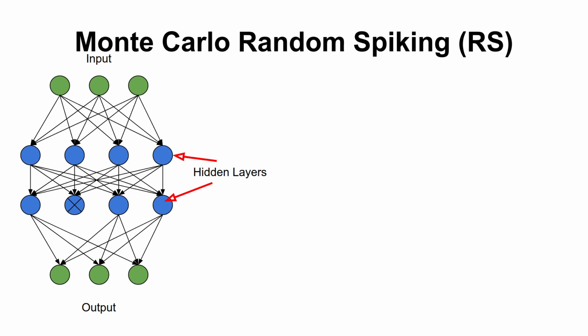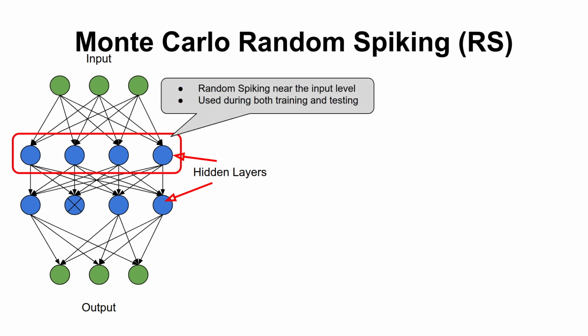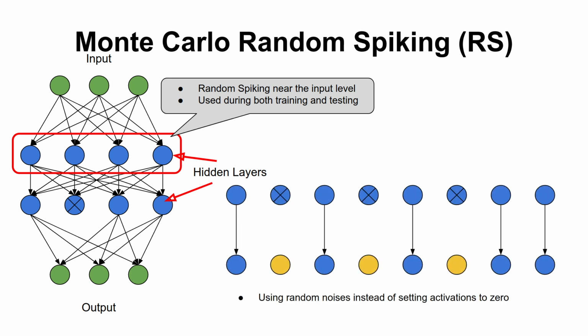Random spiking behaves similarly to dropout, and we prefer to place the random spiking layer near the input level. We also use random spiking both in training and testing. Instead of changing the output neuron to 0, we use random noise instead of setting activation to 0.